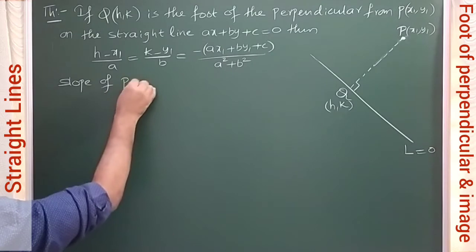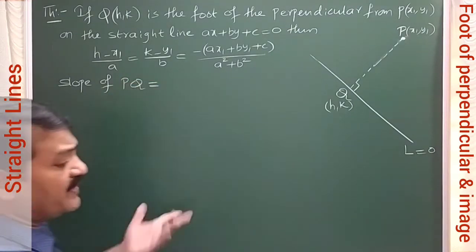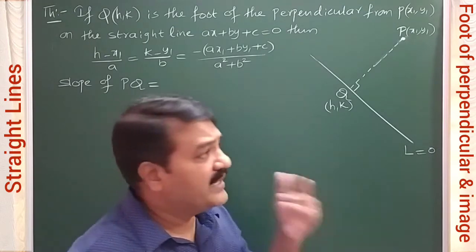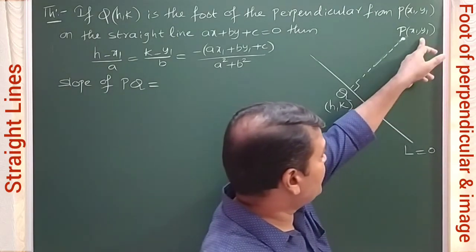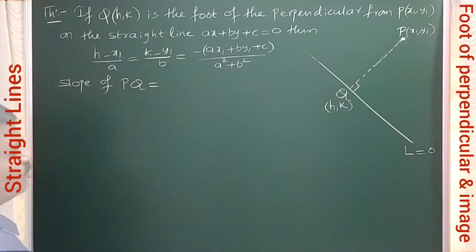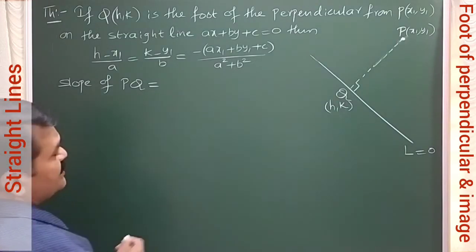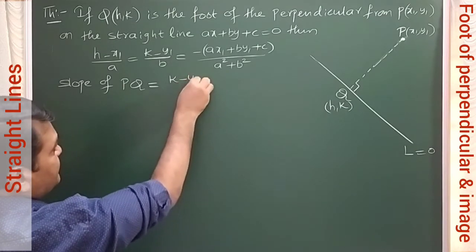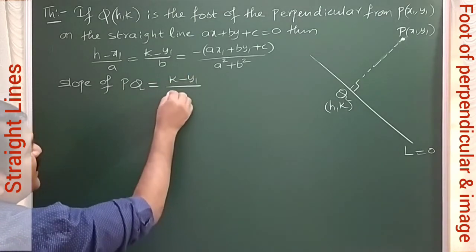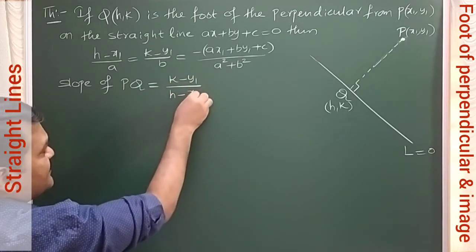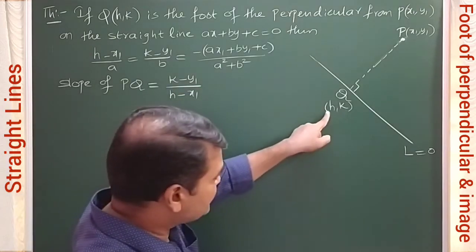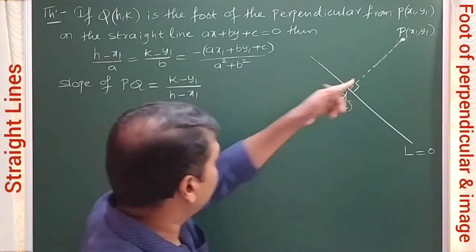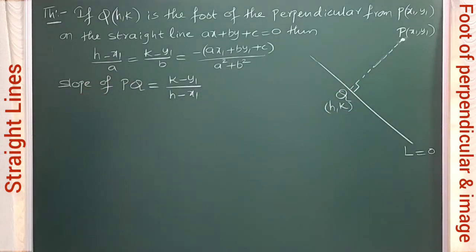Slope of PQ first I am doing. By the two-point formula, slope is y2 minus y1 by x2 minus x1. So I am taking this as x2, y2, and the formula is applied.